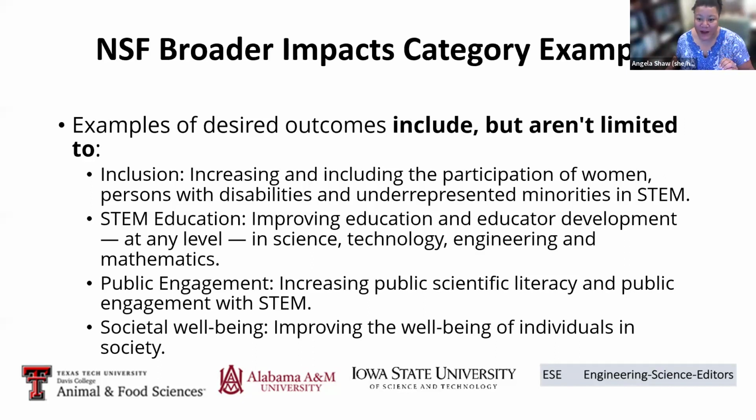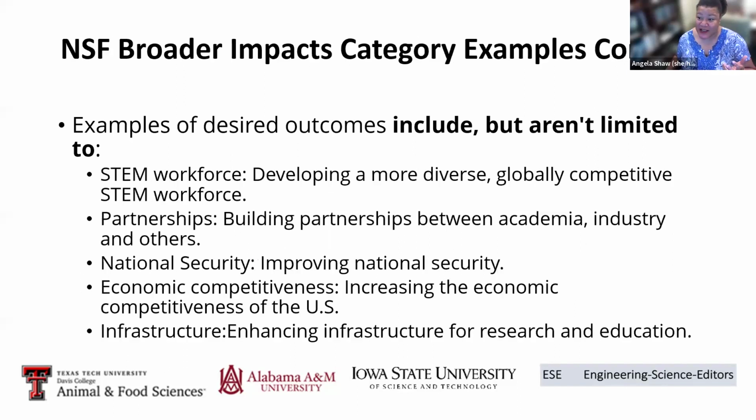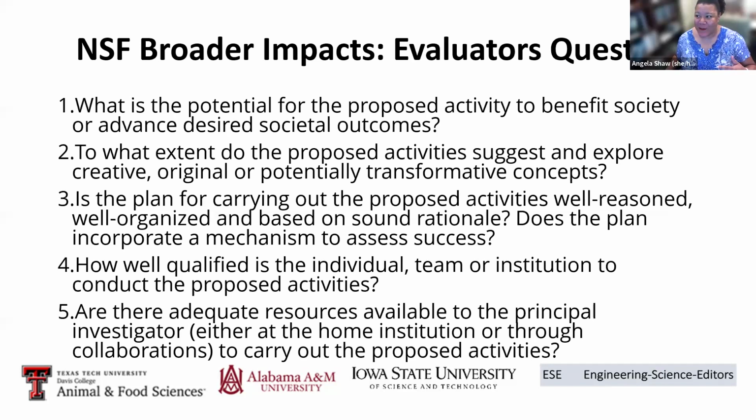That might be professional development put into your grant. They want public engagement where you're increasing public literacy and public engagement. They want to see societal well-being improved so that we can have better citizens. They want workforce development, partnerships, national security, economic competitiveness, and infrastructure. So these are all examples of that.